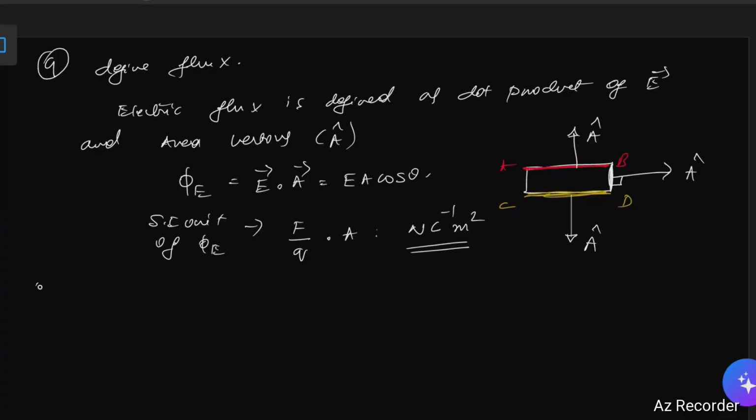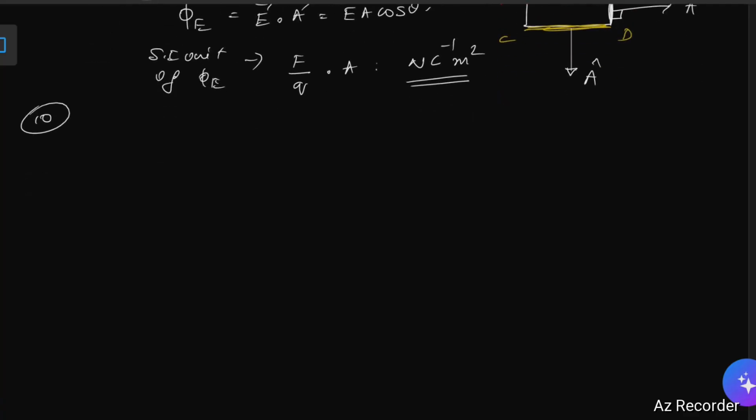Now, this is an important question. They'll ask you to state Gauss law in electrostatics. This can be asked for 2 marks. Now you can think of Gauss law as the conservation of electric flux. So how is it stated?